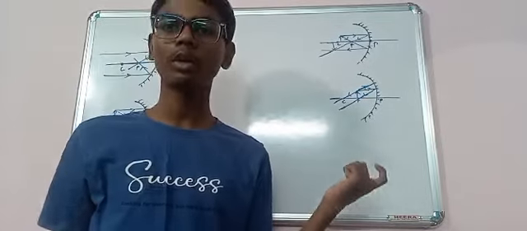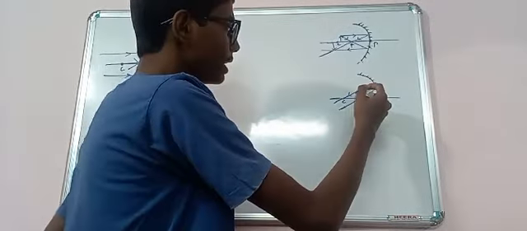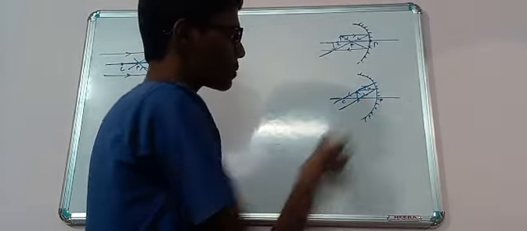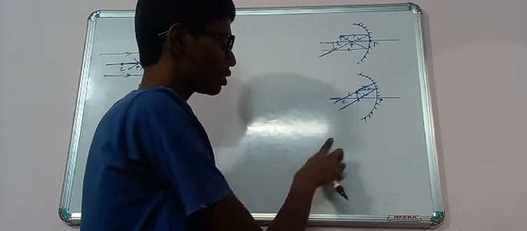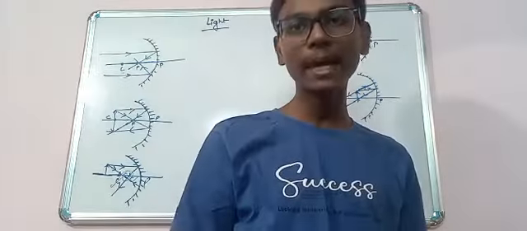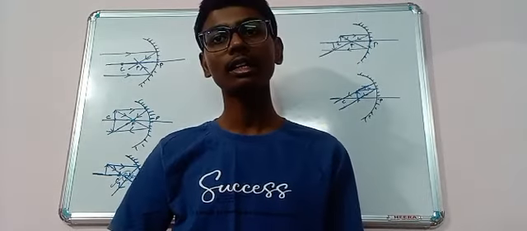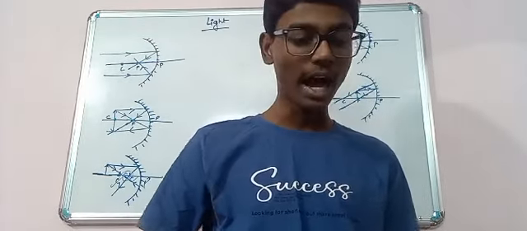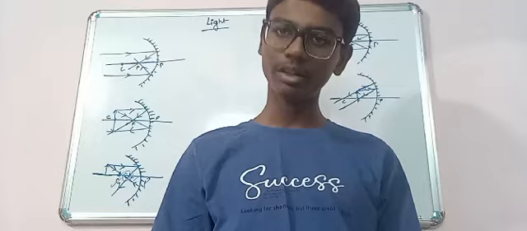So we will not be drawing the image. One ray is parallel to the principal axis, passing through focus. Another is passing through center of curvature and retracing the path. What are the characteristics of the image? Highly magnified. Obviously, if it is meeting at infinity, then the image will be highly magnified, real and inverted.